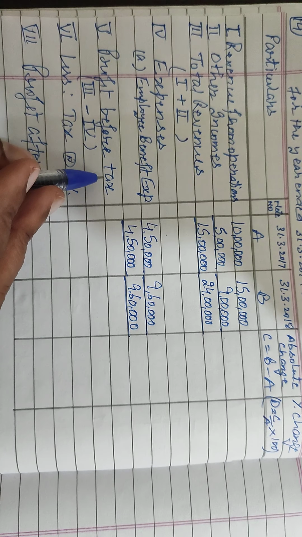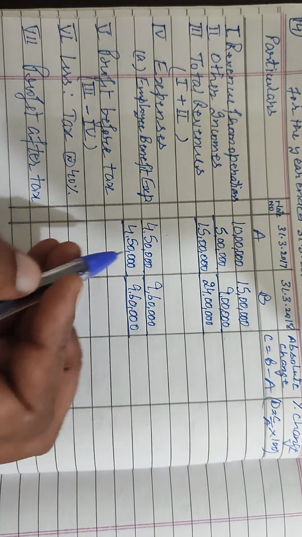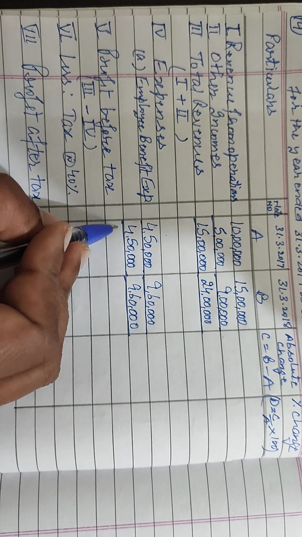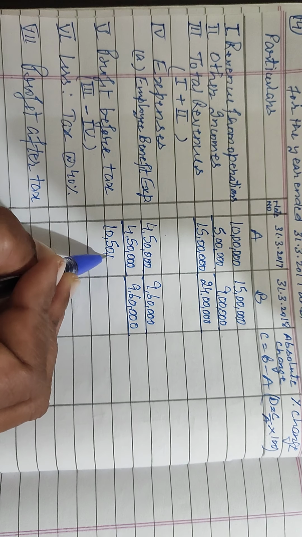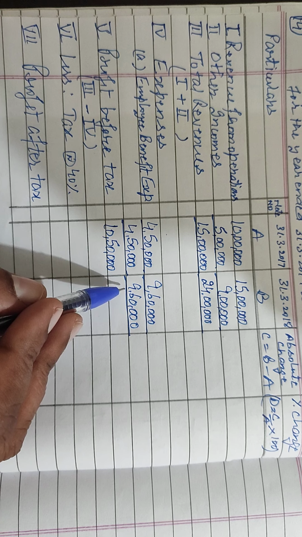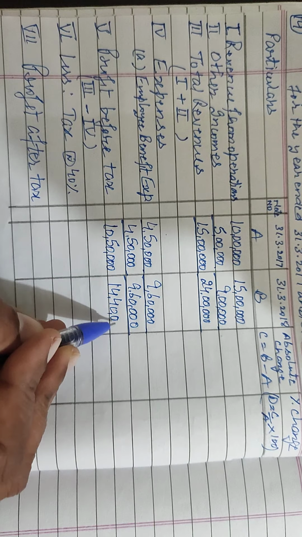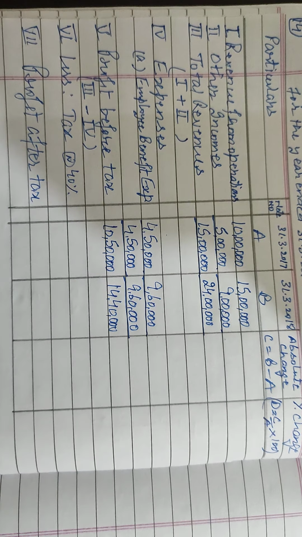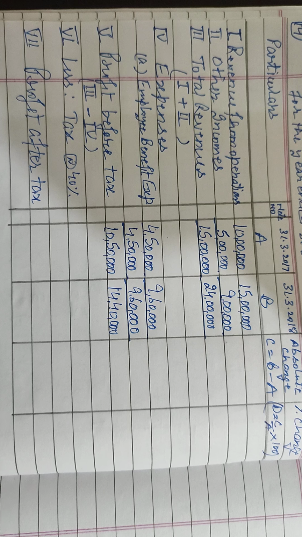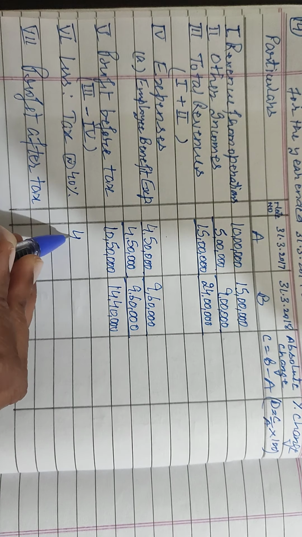Then we find profit before tax by subtracting expenses out of total revenue. 15 lakh minus 4,50,000 is 10,50,000. Out of 24 lakh we subtract 9,60,000, so it will be 14,40,000. Then we have to charge income tax on it. 40% of 10,50,000 amounts to 4,20,000.